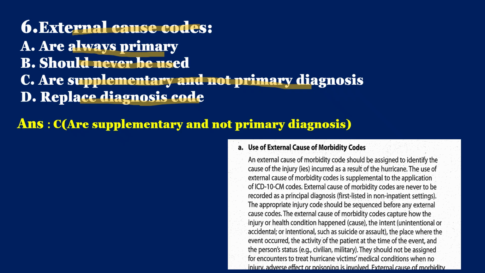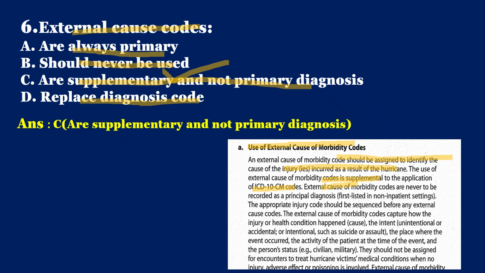Guys, you can see here the external causes of morbidity code convention. An external cause of morbidity should be assigned to identify the cause of injury incurred as a result of a hurricane. The use of external morbidity codes is supplemental. So you can see in the option they are supplemental to the application of ICD-10-CM codes.